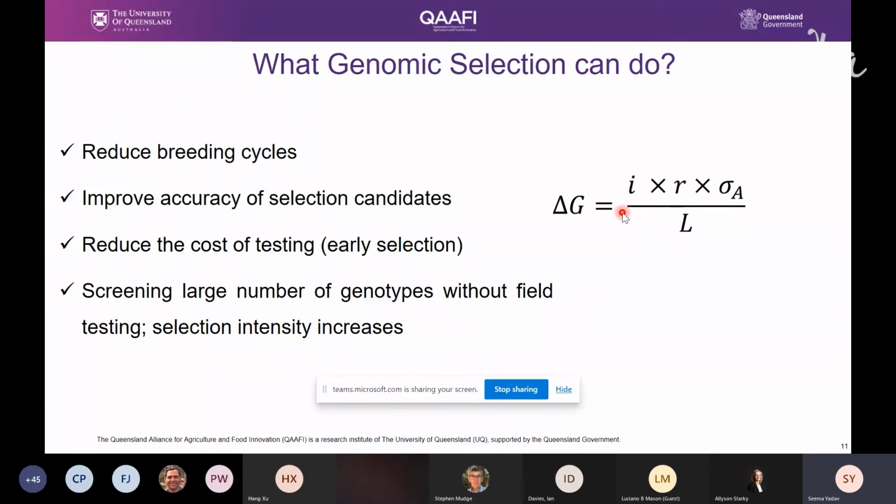We can also screen a large number of genotypes without testing them in the field, so we can increase the selection intensity if we genotype and predict a large number of genotypes. So in the breeder's equation, the three components, selection intensity, accuracy, and breeding cycle, automatically fit into the genetic gain equation, provided genetic variation exists in the population.